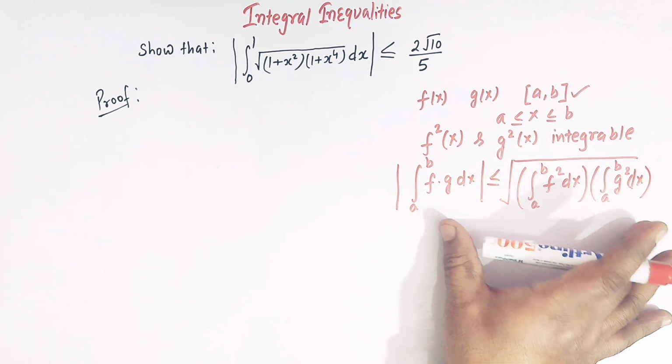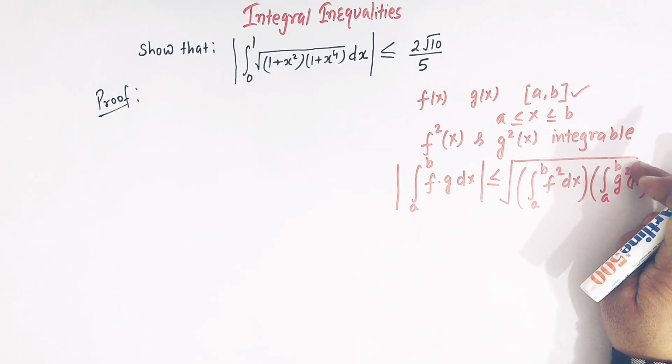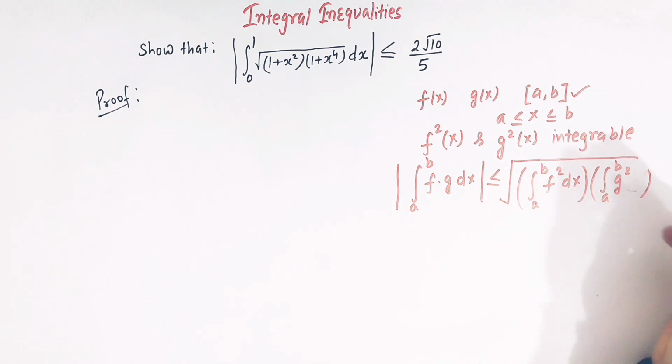So this inequality is known as the Cauchy-Schwarz inequality, and it plays a vital role in proving a lot of other integral inequalities.